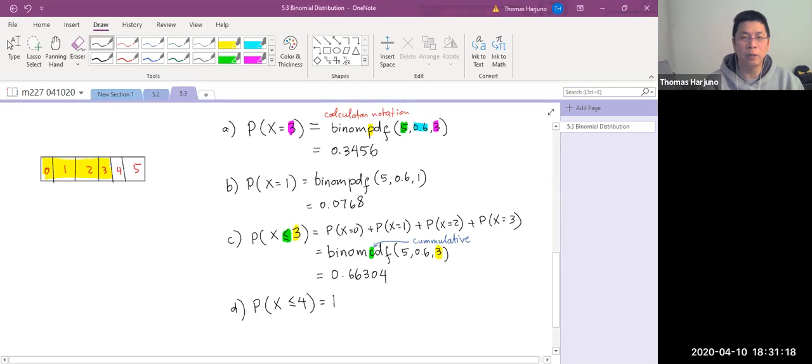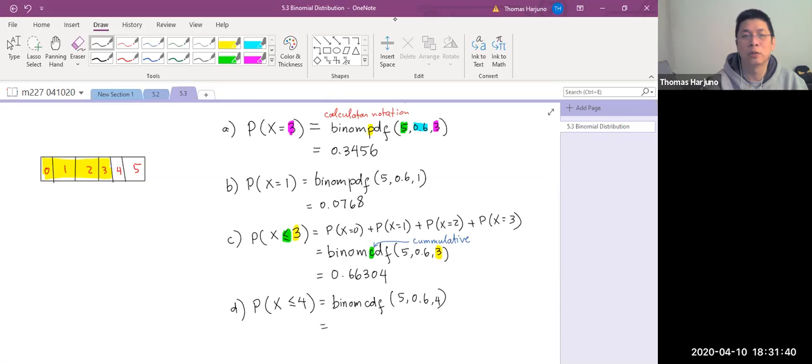That will be binomcdf 5, 0.6, 4, which is equal to, somebody say 0.9224.